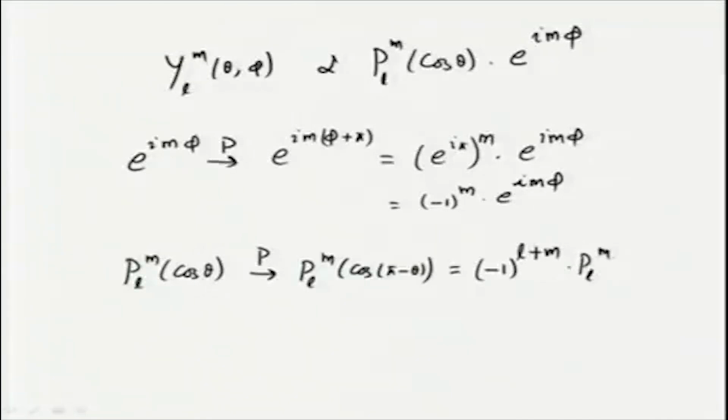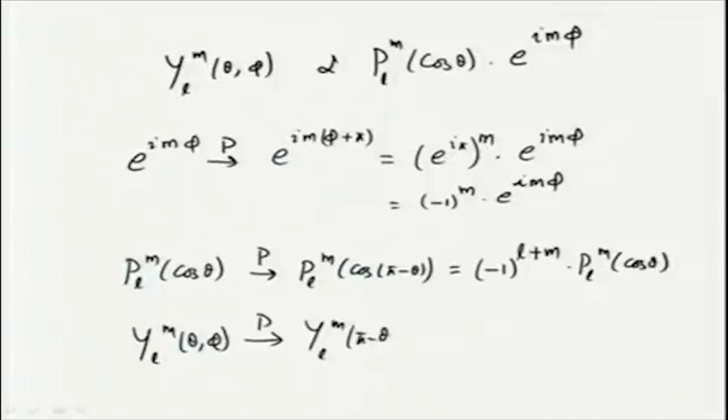Together, Y l m theta phi under parity goes to Y l m (pi minus theta, pi plus phi), which is equal to minus 1 power l plus m plus m, that is l plus 2m. Minus 1 power 2m is always positive, so we do not have to worry about it.